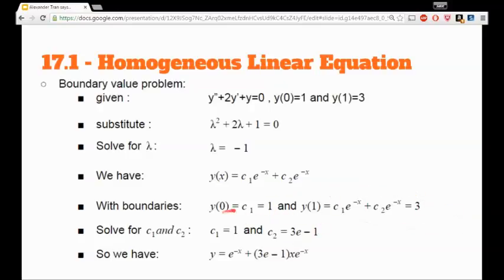By solving the system of equations, we get c1 equal to 1 and c2 equal to 3e minus 1. Then we put all these solutions into a general solution, where we will have y equal to e to the power of negative x plus 3e minus 1 times x times e to the power of negative x.